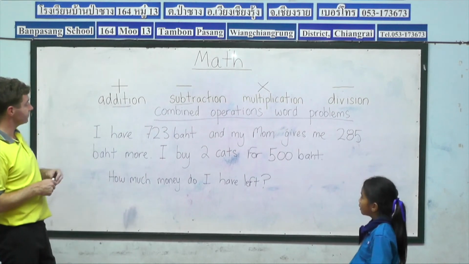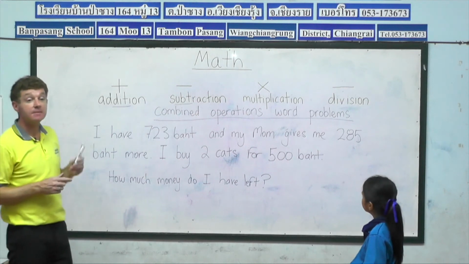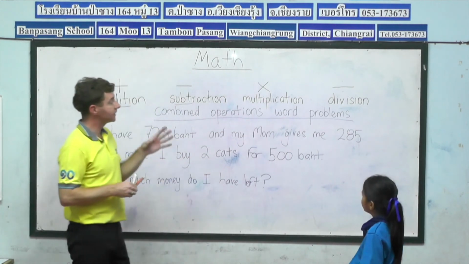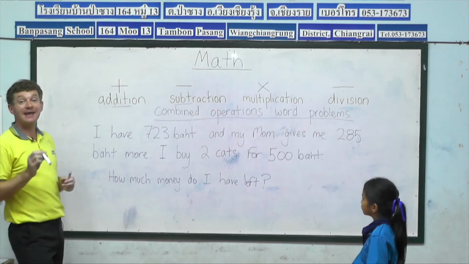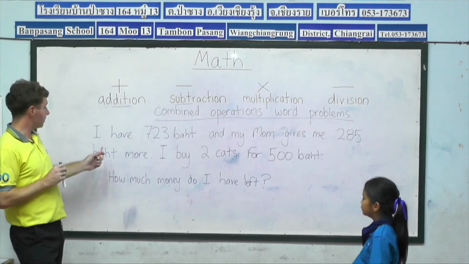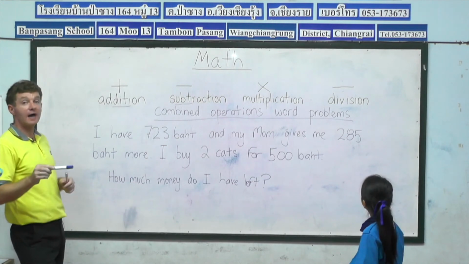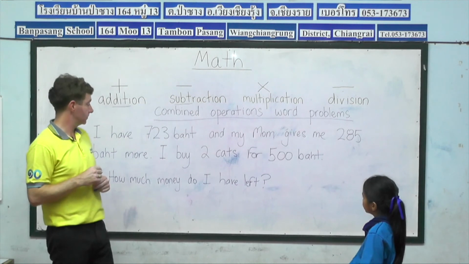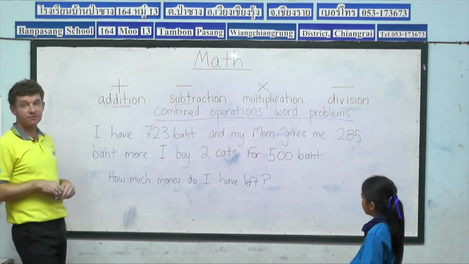I have 723 baht. And my mum gives me 285 baht more. I buy 2 cats for 500 baht. How much money do I have left?